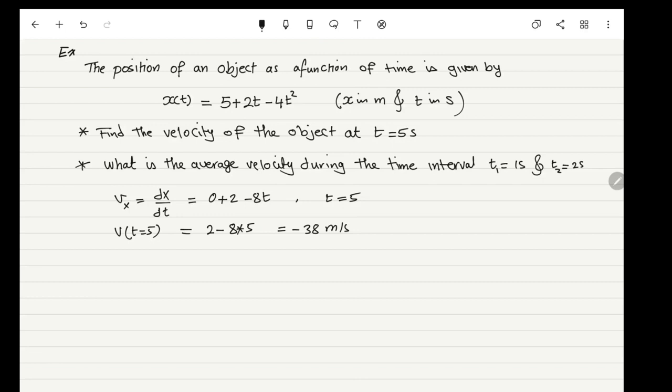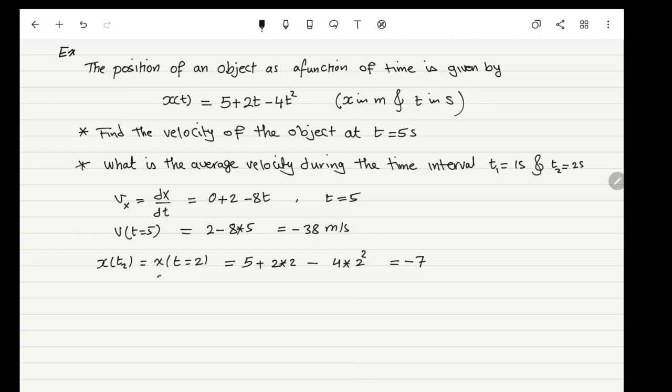Now, to find the average velocity, we need to find the position at t equals 1 second and the position at t equals 2 seconds. So x at t2, where t equals 2, equals 5 plus 2 multiplied by 2 minus 4 multiplied by 2 squared, which equals minus 7.